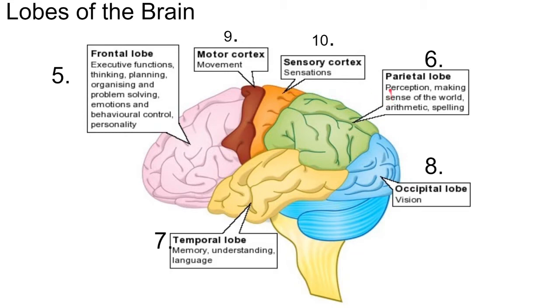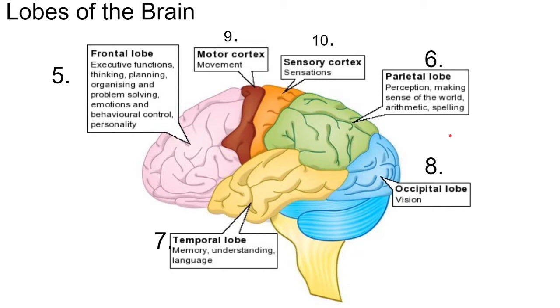The parietal lobe. The parietal lobe is involved in perception and making sense of the world, so this is also going to be more of your logical section with the math and spelling and putting things together. In the back is the occipital lobe, and it's specifically involved with vision.